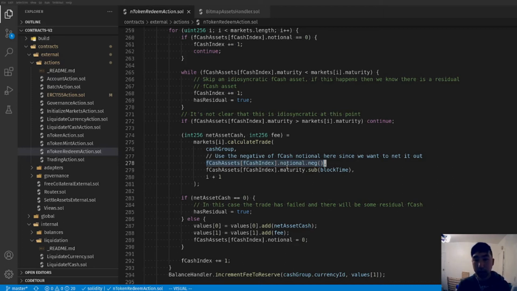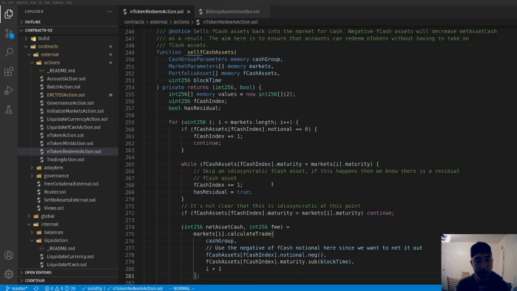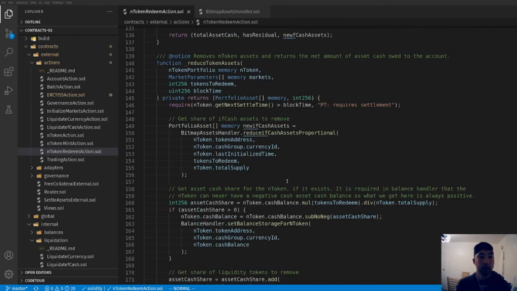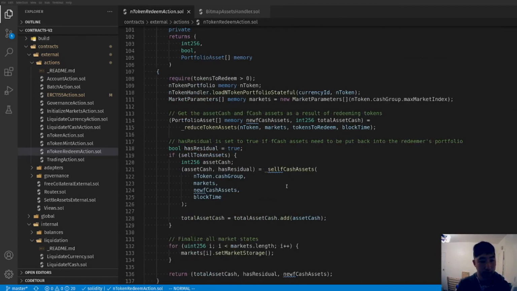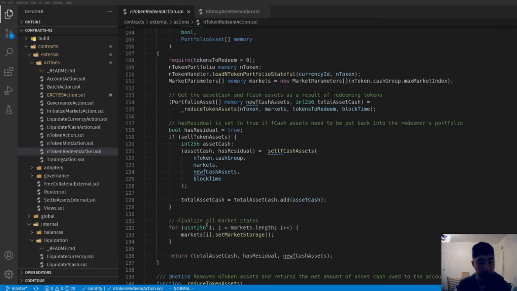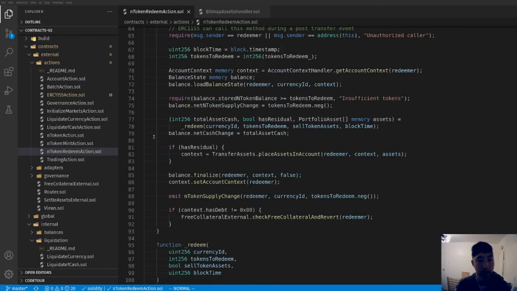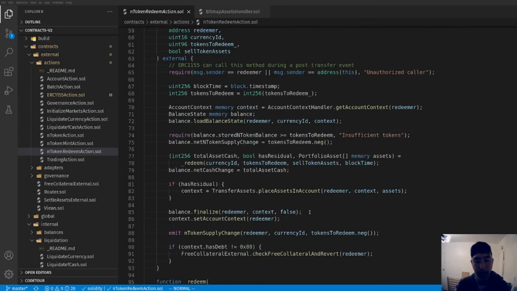So if we have a positive amount of Fcash, we're going to borrow and receive some amount of cash in return, and the result will be 0 Fcash in the portfolio. So that after selling those assets, we'll have this total amount of asset cash, total amount of cTokens that the account will receive, and that's what will occur here. And finally, if the account has debt, we do make sure that we check free collateral and revert here.